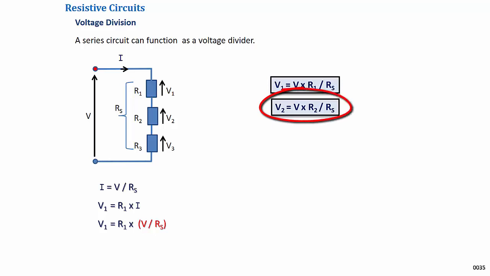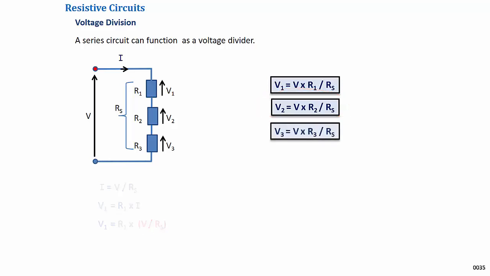Similarly, V2 equals V times R2 divided by Rs. And V3 equals V times R3 divided by Rs.